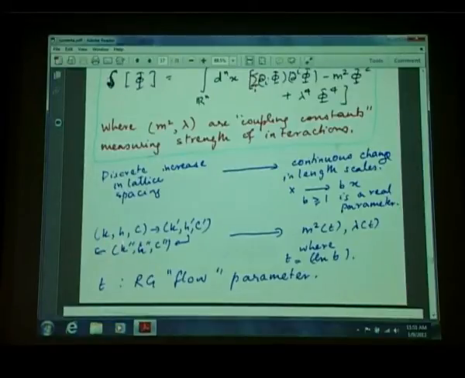And we saw that in the lattice case, your coupling constants changed after each RG transformation. Approximately that was the only change in the system. Here your coupling constants flow with respect to a parameter which changes continuously. Conventionally this is the log of this change in the length scale. Okay. This parameter t is called the RG flow parameter.